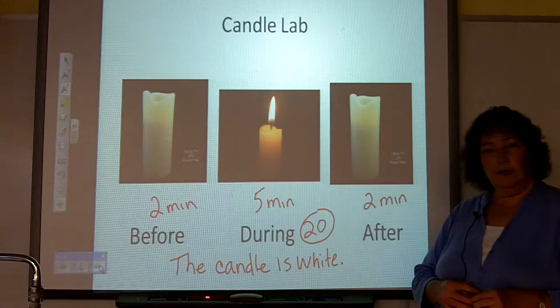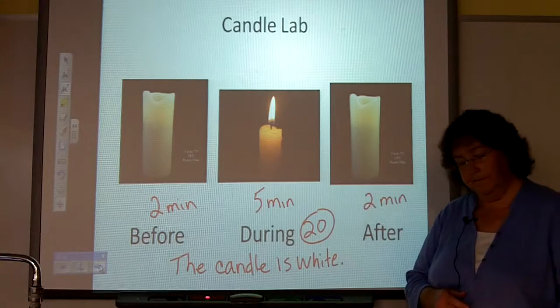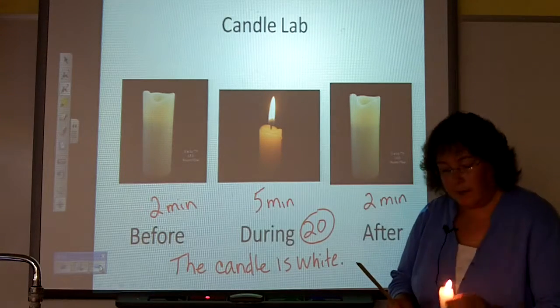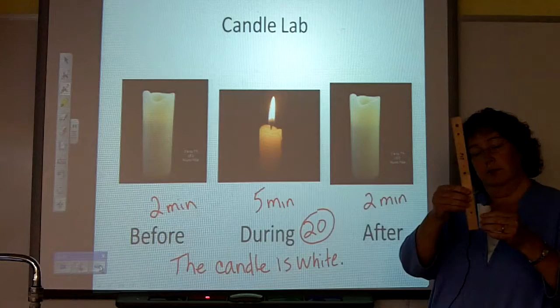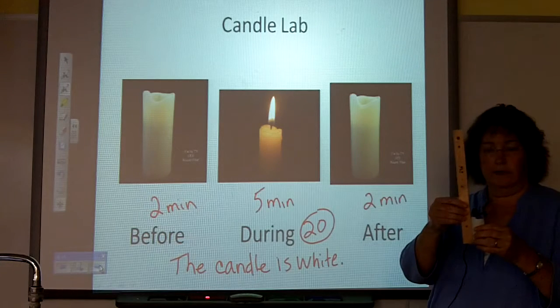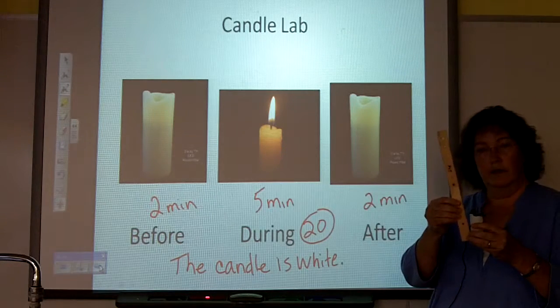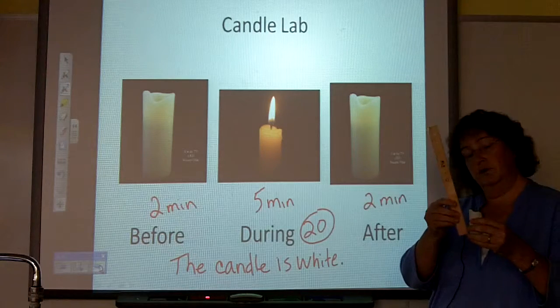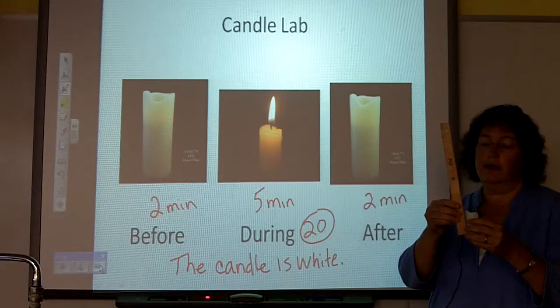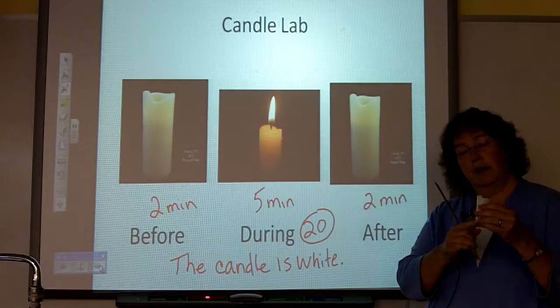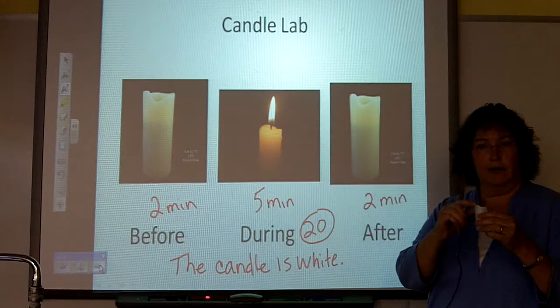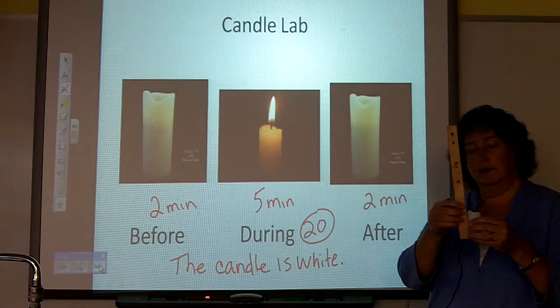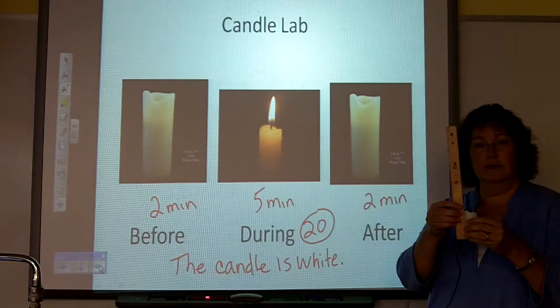You also have to be as specific as possible. So if you happen to measure the height of your candle as an observation, be specific. Tell us where you measured that height. So you should say something like the height of the candle from the base to the top of the highest part of the candle is, let's say, 16 centimeters.